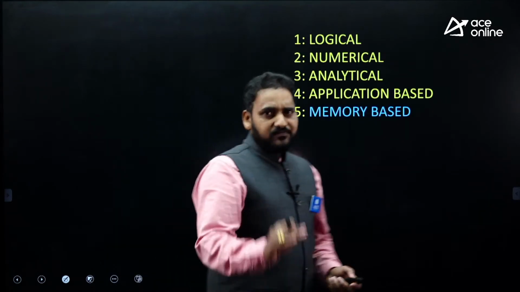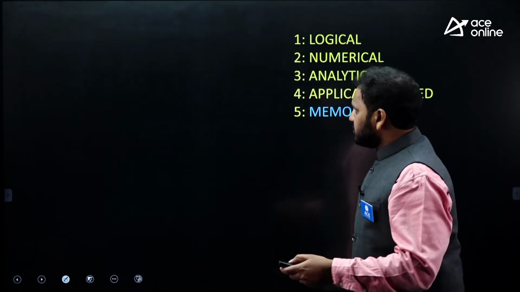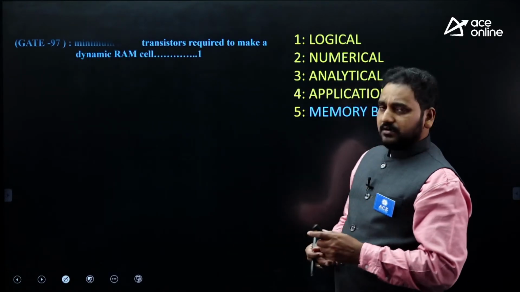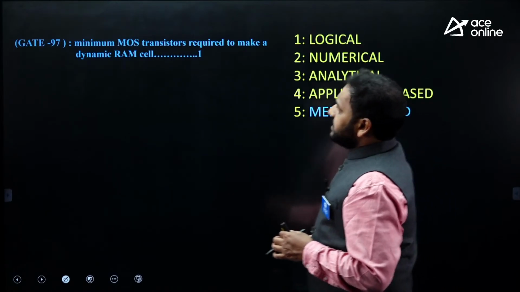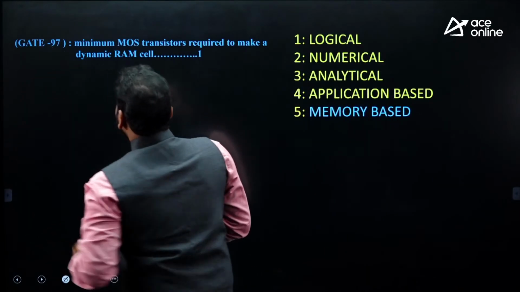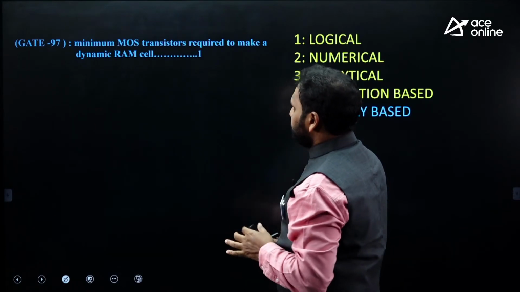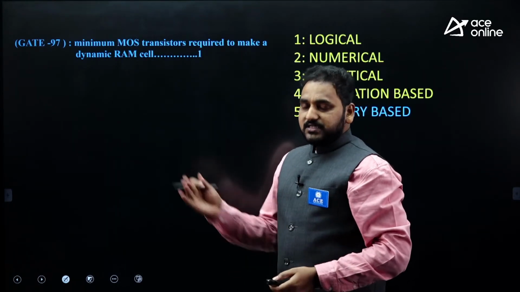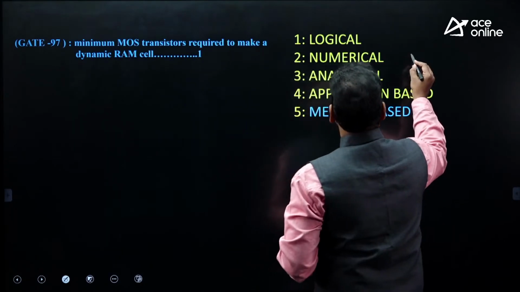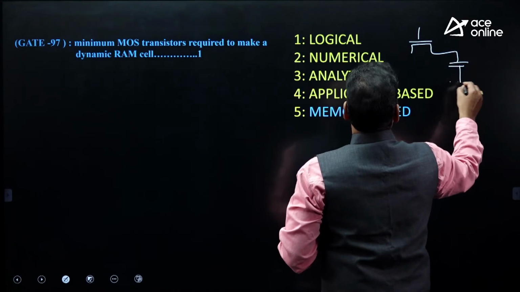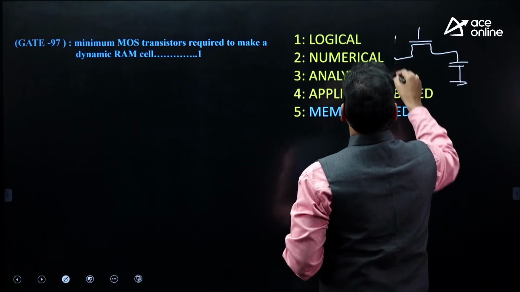For example, for all the branches, ECE, instrumentation, and electrical students. This is one question, GATE 97. Minimum number of MOS transistors required to make a dynamic RAM cell. It is from memory. This is a dynamic RAM cell. Of course, number of capacitors based questions are also found.